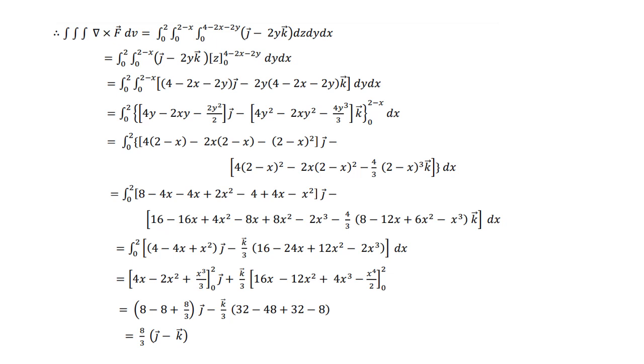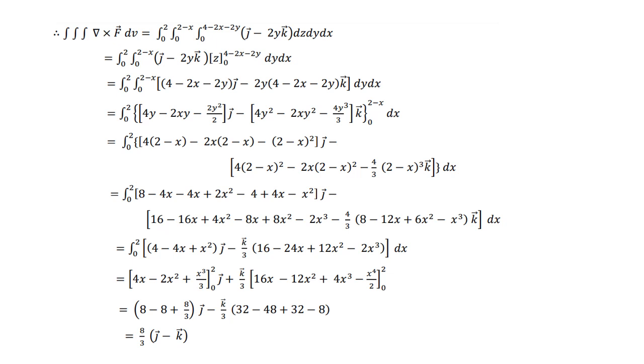Now by integrating this with respect to y, we will be getting the answer as integral of 0 to 2, (4 minus 4x plus x square) j vector minus k vector by 3, (16 minus 24x plus 12x square minus 2x cube) dx.